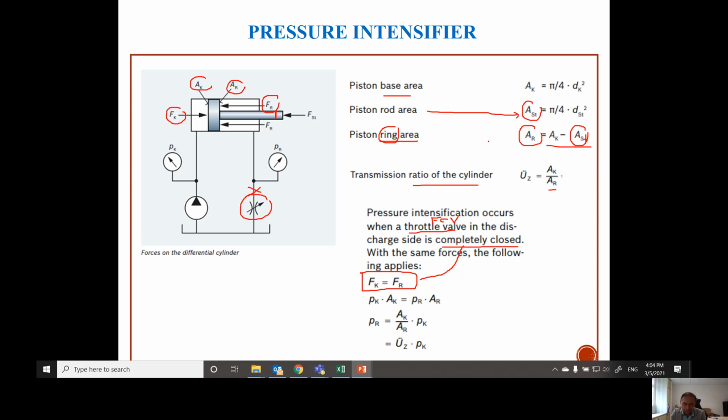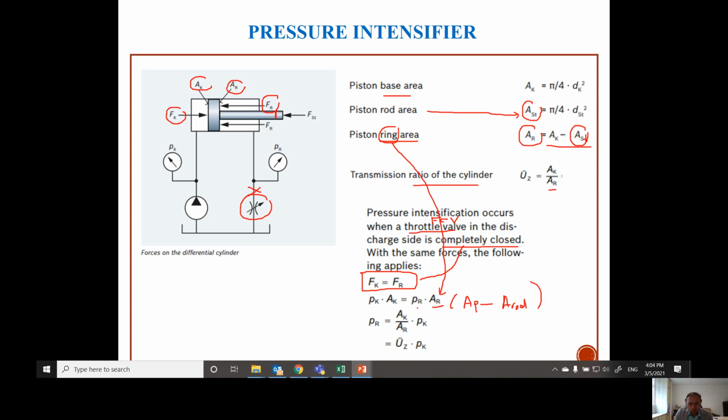Okay, but whatever it is, now in this formula, this AR is actually corresponding to ring area, or piston area minus rod area. Okay, so you can also use it like this.